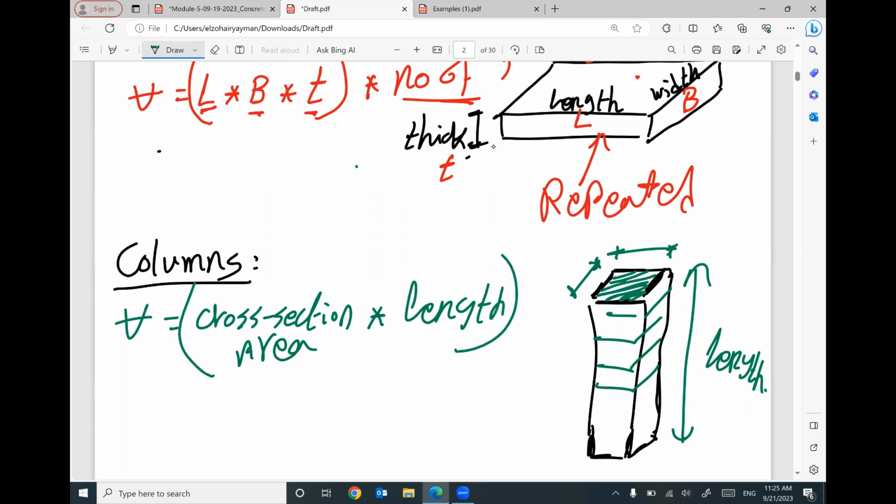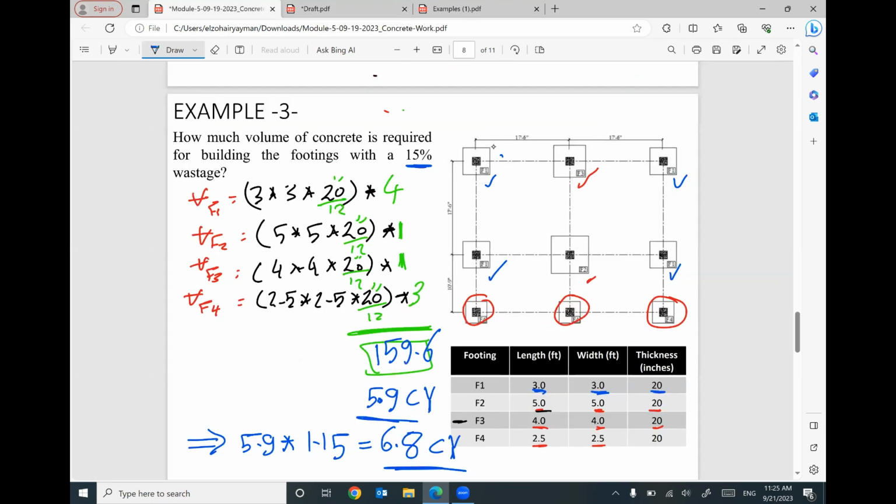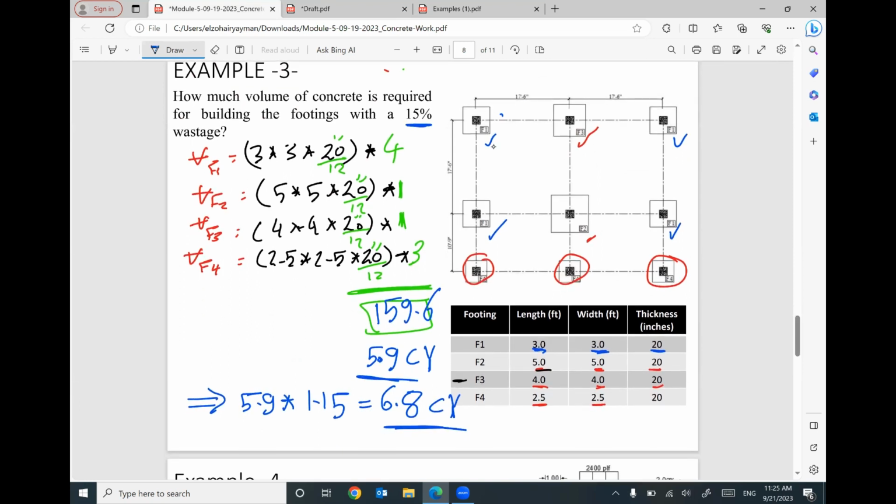Actually, we need to multiply it by how many columns do you have. Does that make sense? How many columns do you have in your building? For example, we will continue in this example.